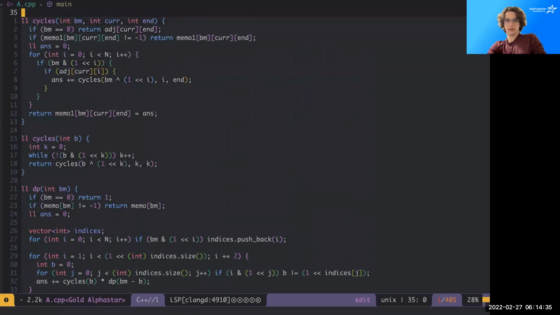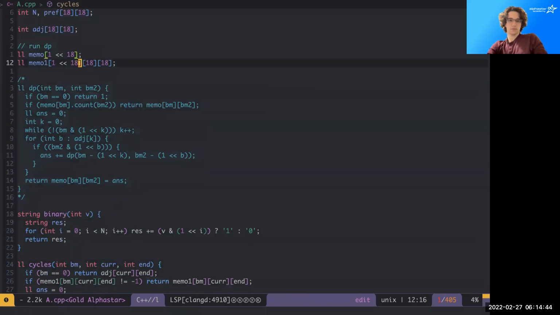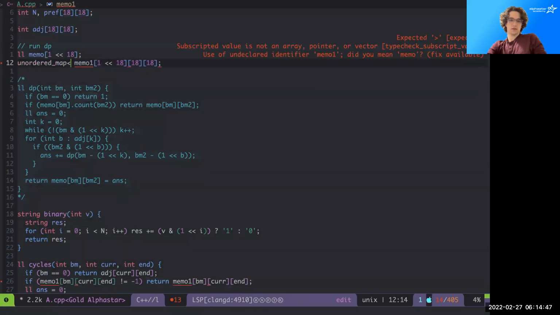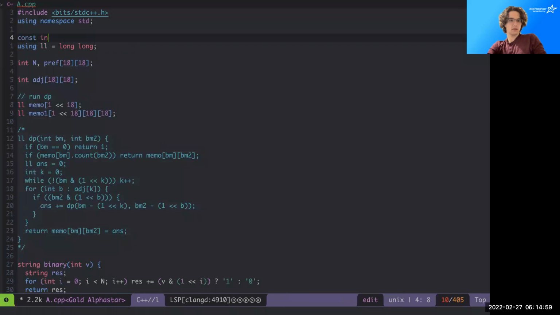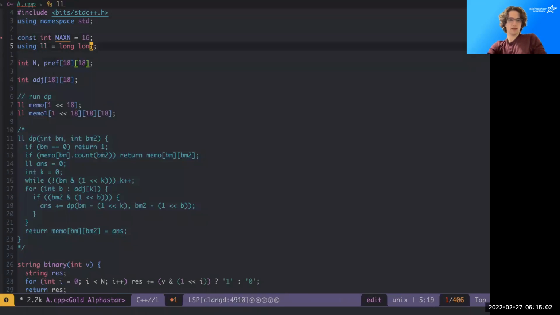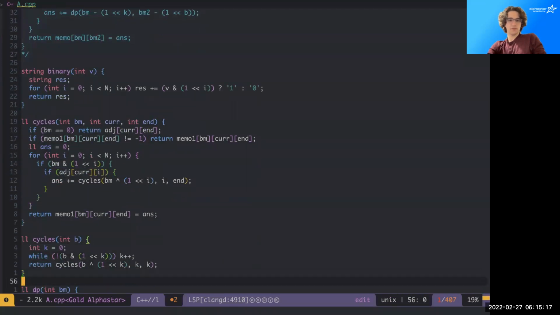Oh, yeah, our array is too big. I just want to see if it's correct. I guess another thing I can do is just make max n smaller. All I want to know is if it's correct. We can think about it in a second. There's no point wasting our time if it's not even going to be correct.